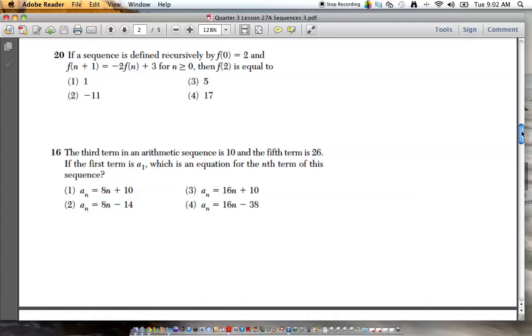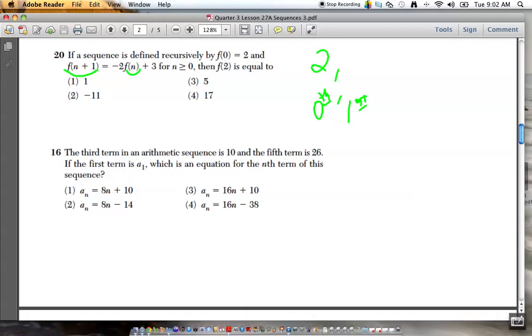What's the first term of the sequence, everybody? 2. Now, this would be the 0th term, if you will, because it says f of 0. Now let's do the first term. This says the new term is negative 2 times the previous term plus 3. So if the previous term is 2, what's negative 2 times 2?